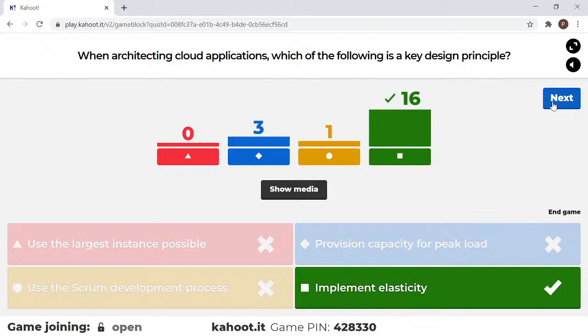Provisioning capacity for the peak load, again, you need to do that when you have your workloads on-prem. Here you can always use auto scaling. And Scrum development process is a development process which can be used to develop applications, whether it is for on-prem or for cloud.